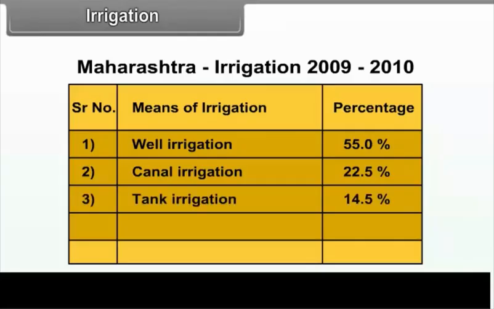Number 3, tank irrigation, percentage 14.5. Number 4, lift irrigation, percentage 8.0. Total 100%.